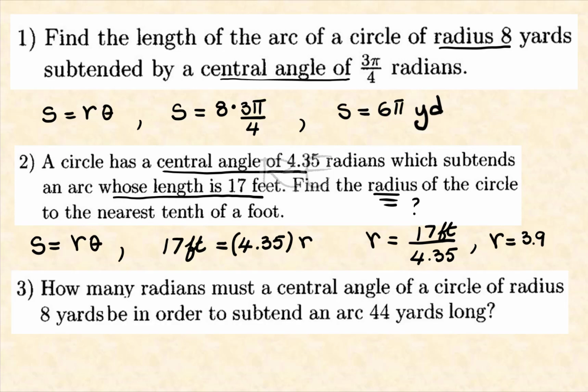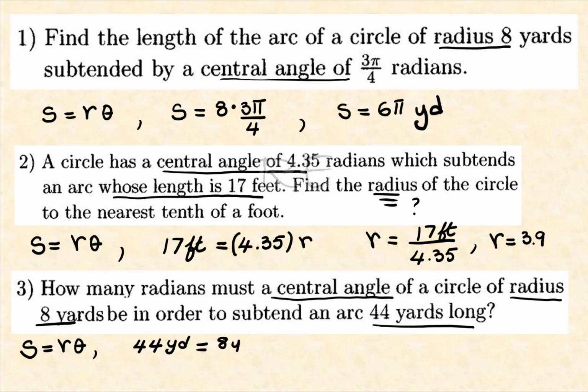For number 3, they're asking for the central angle given the radius and the arc length. So arc length is equal to the radius times the central angle, S equal to R times theta. The arc length is 44, so 44 yards is equal to the radius, which is 8 yards, multiplied by theta, the central angle.